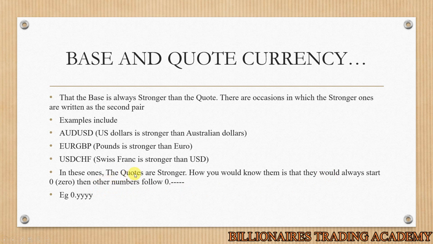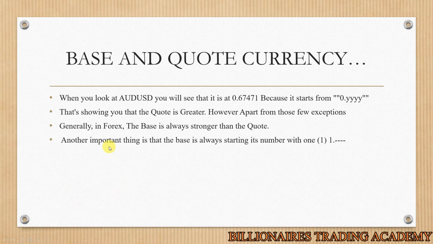In cases where the core currency is stronger than the base, you would see the number start with 0. For example, when you look at AUDUSD, you will see that it is written as 0.67471. So the core currency in this case, the USD, is stronger than the base currency.